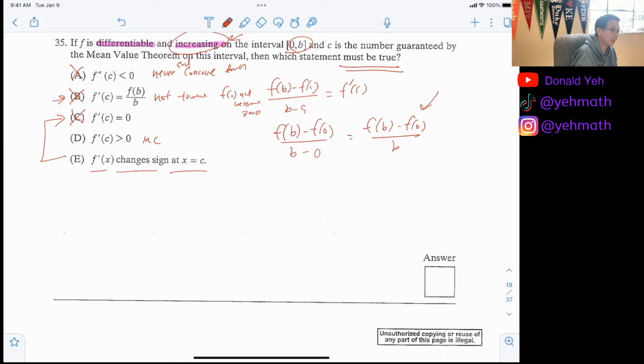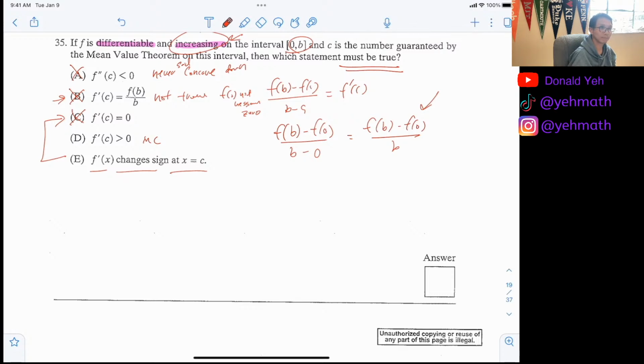So it implies that there is f prime C equal to 0. There's a small difference between C and E: in C you could have a pause and still continue going up. But E is never, because it can't change sign. The glove doesn't fit.